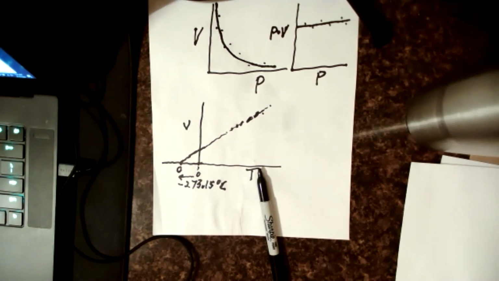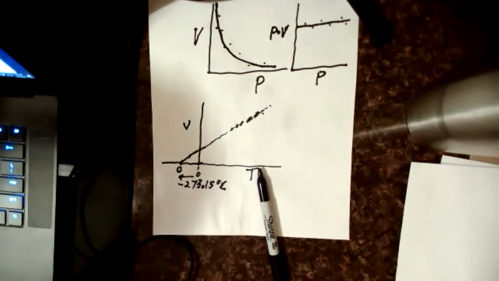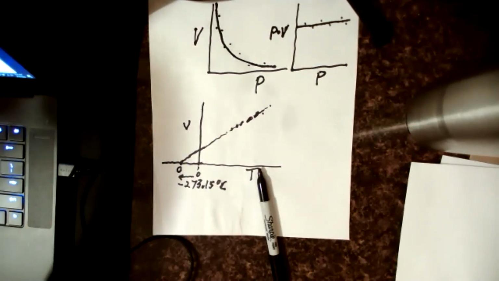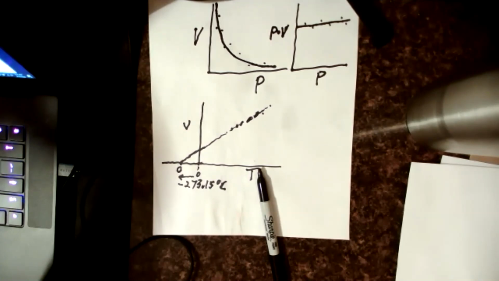Now, there's some really interesting stuff that happens when you start cooling things down. If I take a wire and wrap it in a coil and pass a current through it, I can generate a magnetic field. It's called an electromagnet.